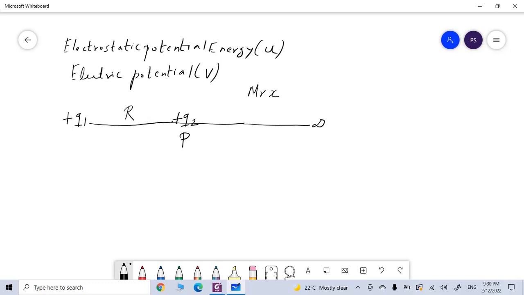He has done a tremendous job in lifting this charge Q2 from infinity, and he has put this charge at this point P. Great job, Mr. X. Now let us assume for a moment that X is taking rest at this point, and let us call this point A.